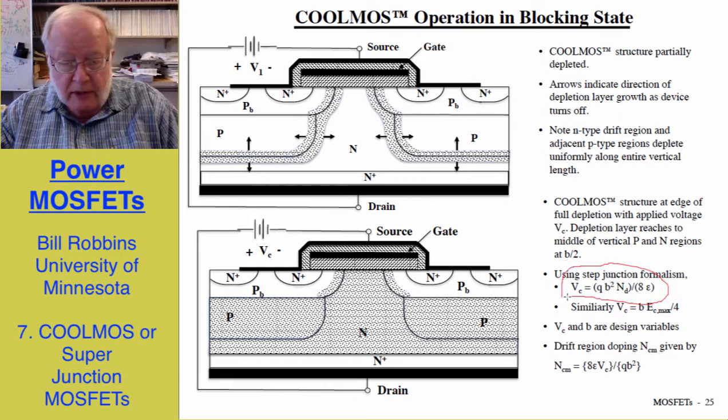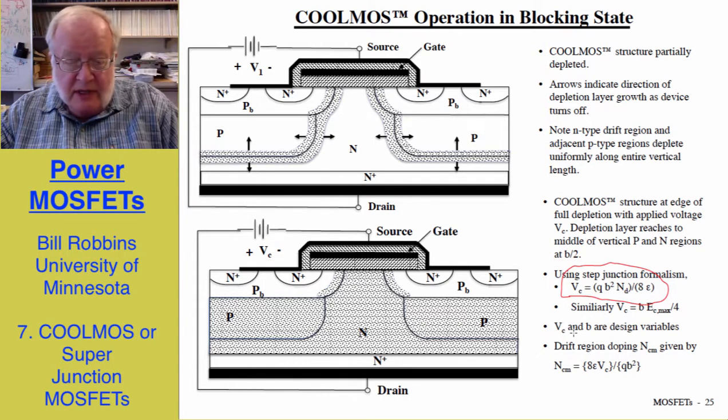It's equal to the electronic charge Q times the dimension B squared times the doping density of the drift region, divided by 8 times the dielectric constant of the silicon. At the same time, we have to satisfy the equation that the voltage V sub C is equal to B times the maximum electric field in the horizontal direction divided by 4, because the electric field profile at this point is triangular in shape, as we have seen for a standard step junction.